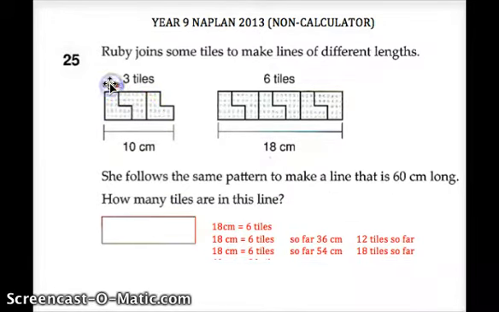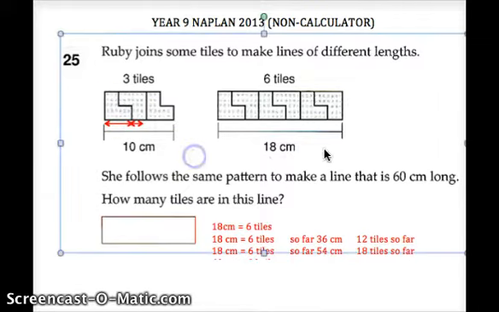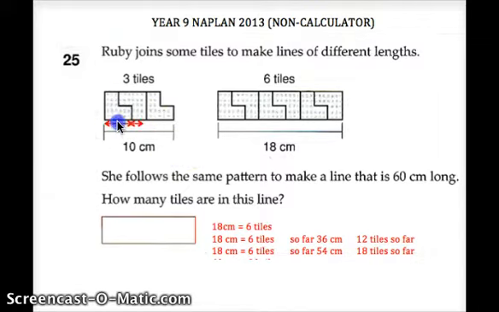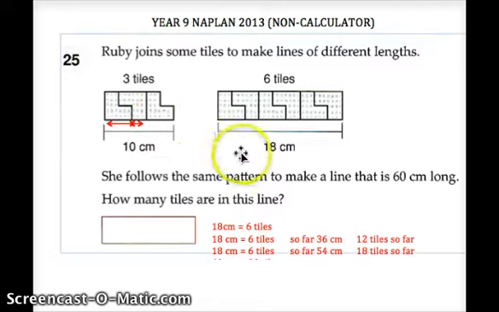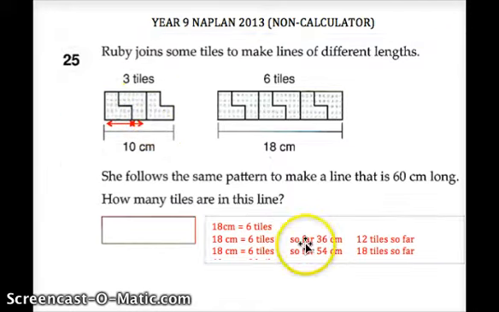So this little length up here that I've got in red is 2 centimetres. This length here, down here, is actually 4 centimetres, because we've got 4 plus this little bit here is 2, and this other bit here is also 4. So 4 plus 2 plus this other 4 gives me 6 centimetres. So 6 centimetres is actually 2 tiles joined together.